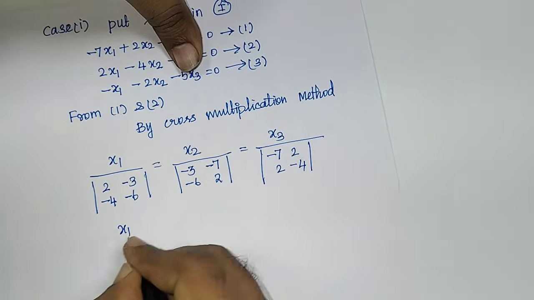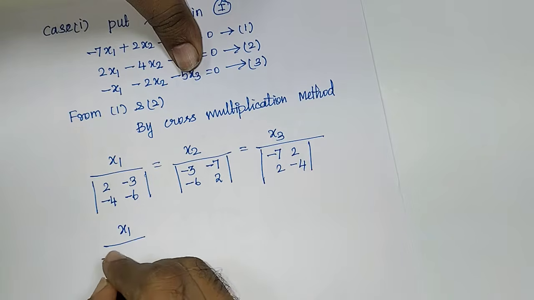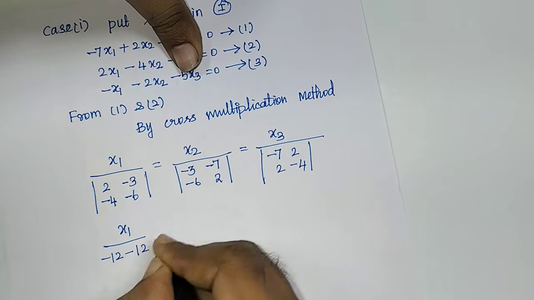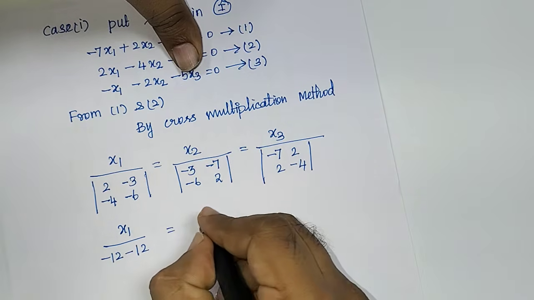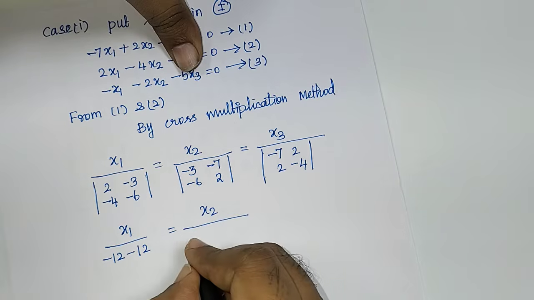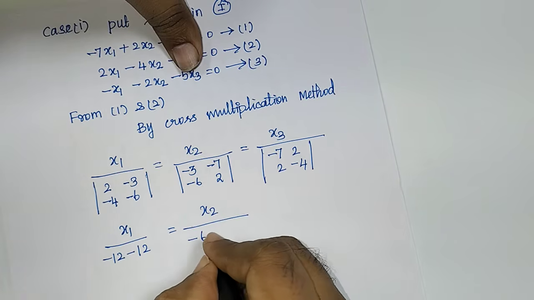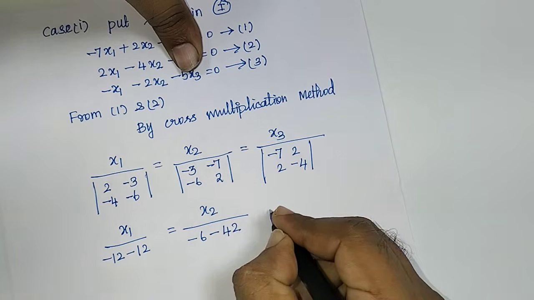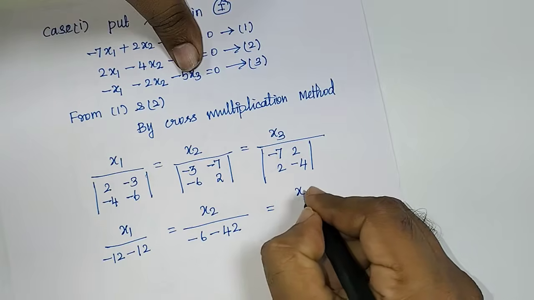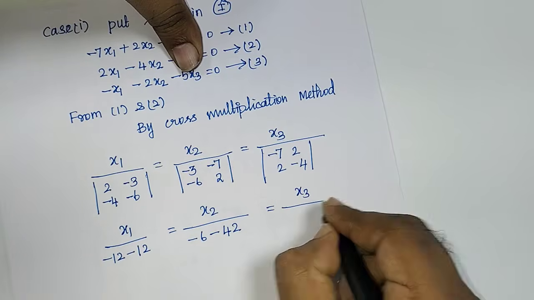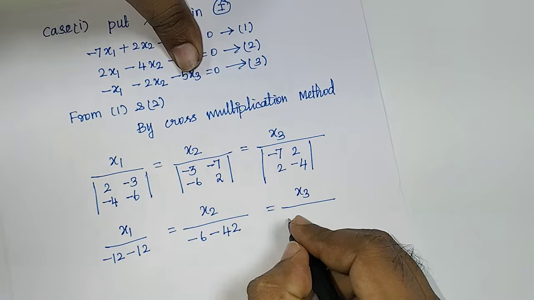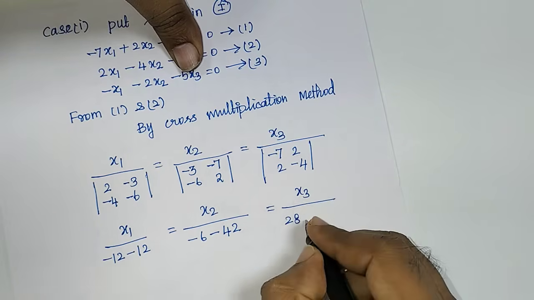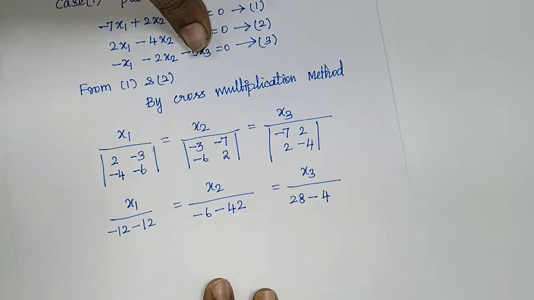Simplify this: x1 divided by 2 into minus 6 minus 12, minus 4 into minus 3 plus 12, which is minus 12. And x2 divided by minus of 3 into 2 minus 6 into minus 6 plus 42, equal to x3 divided by minus 7 into minus 4 plus 28, and here 2 into 2, 4, minus 4.